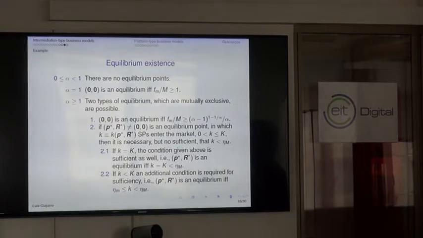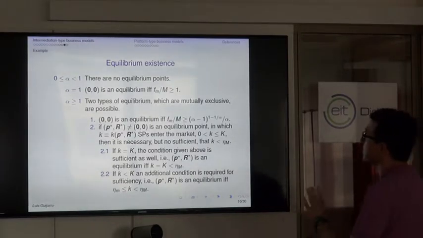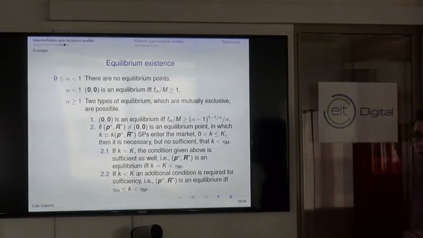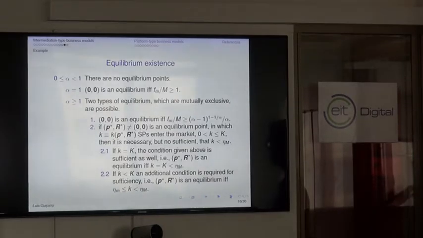In this work, as in any analysis of a game, the existence of the Nash equilibrium should be proved, and we did it.